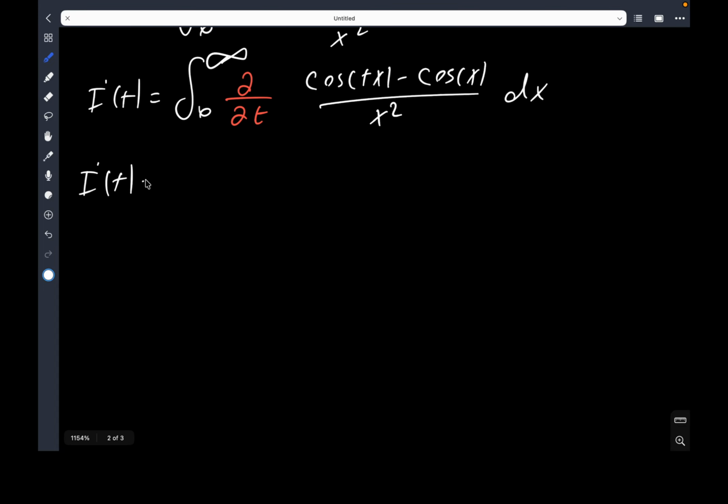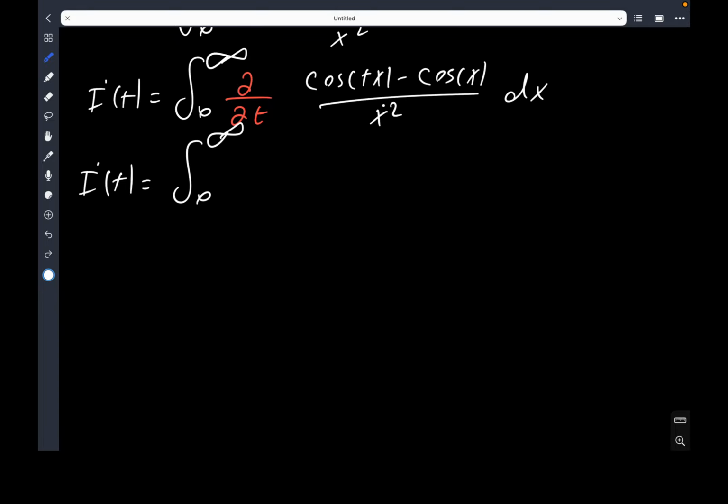And I prime of t is gonna become... this is gonna go away, because we're differentiating with respect to t, and this is constant.